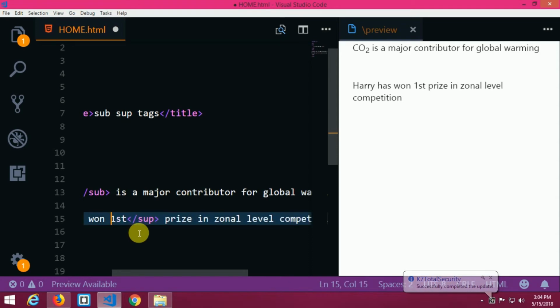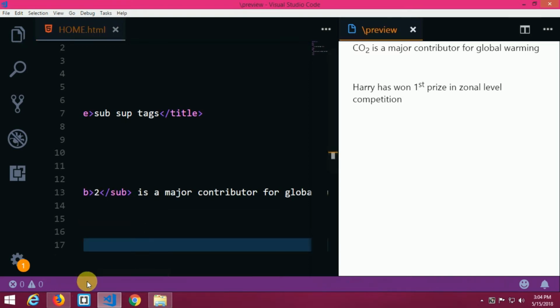Wait a minute. Yeah, okay, there's another tag following it. Yeah, this is the tag. If you could see now, the "st" is above its default position, so this is the right format.